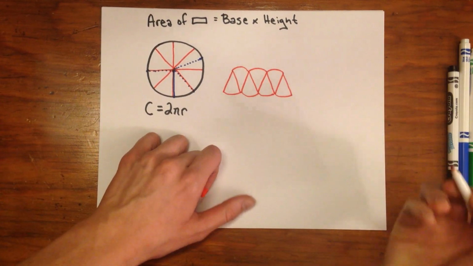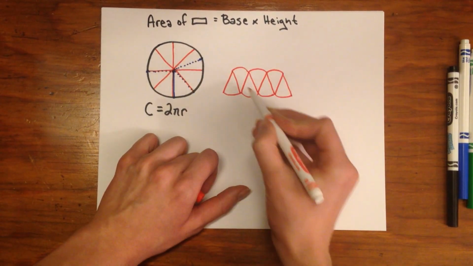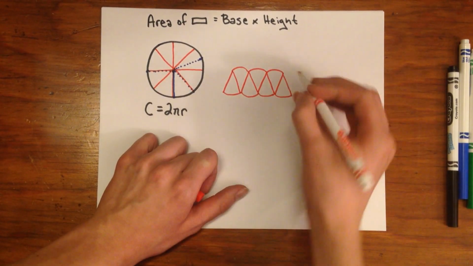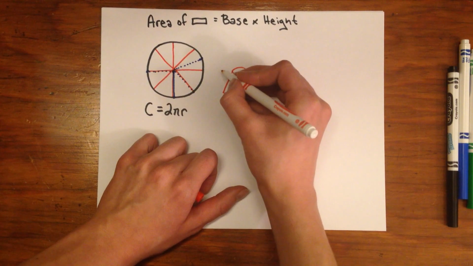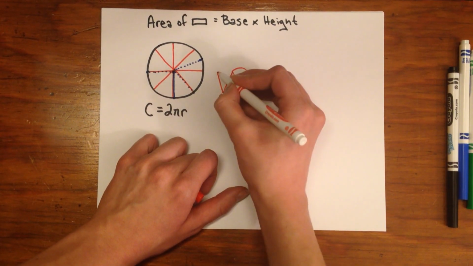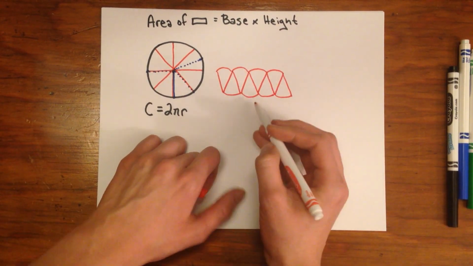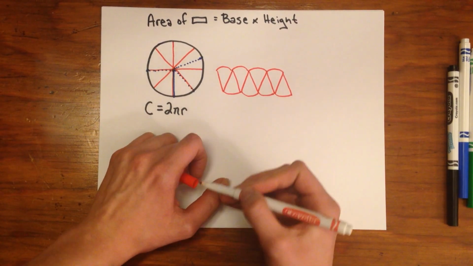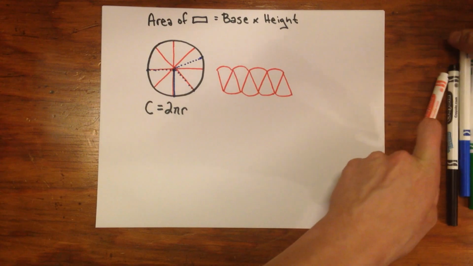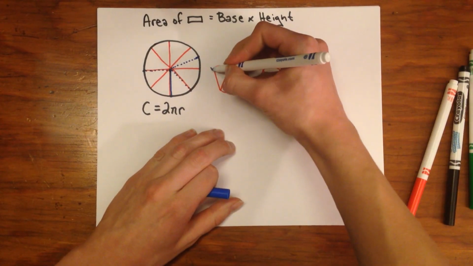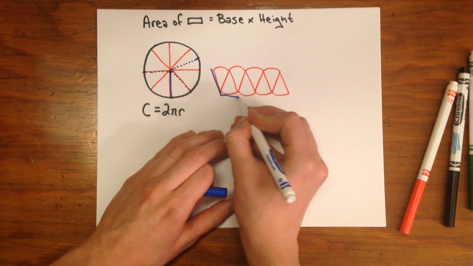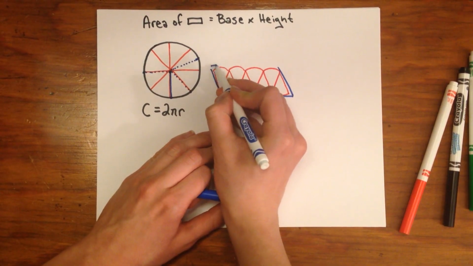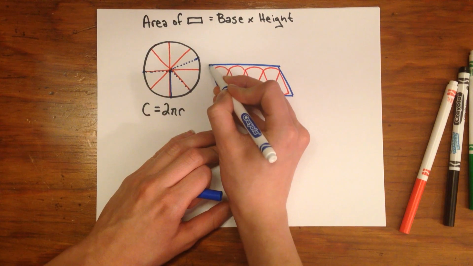Say that these are all the different pieces of this circle, and we just rearrange them to make kind of this shape that we've got going here. Now, if you look carefully at this and use your imagination a bit, you can see that it kind of looks like our parallelogram. You can see that it kind of makes the shape of a parallelogram.